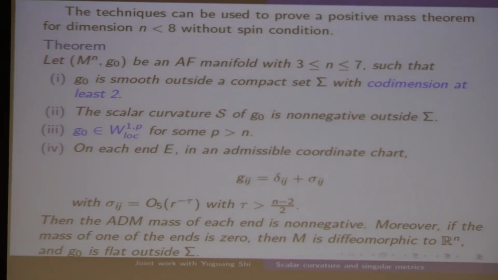So therefore, in the smoothing procedure, we have to show that the G_t, the smoothing metric, should satisfy this kind of condition. That is the more difficult part. But it is okay. Okay, thank you.